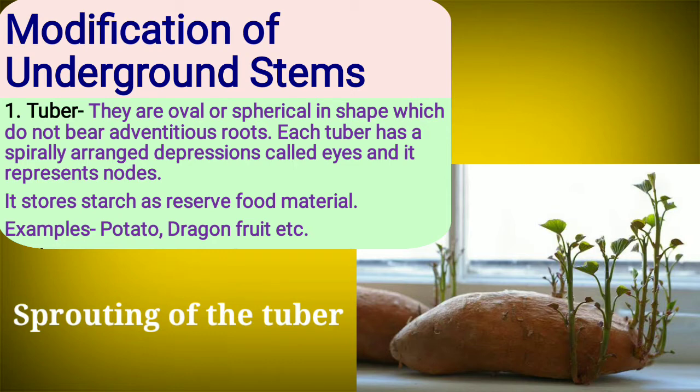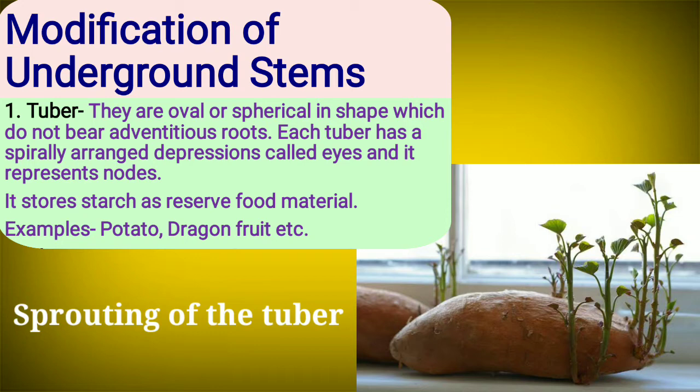Now, the potatoes are tubers. How do we know that they are tubers? Because the potato consists of nodes and internodes. Now, where do we find the nodes there? Nodes are the eye spots.